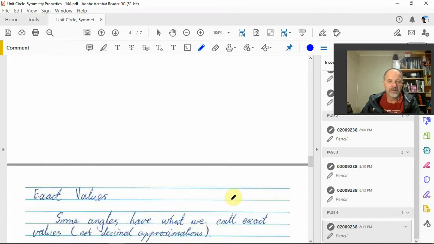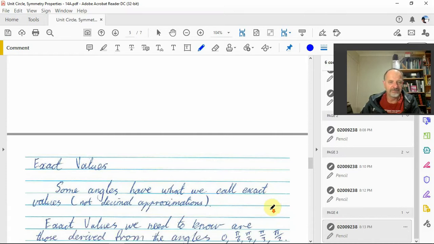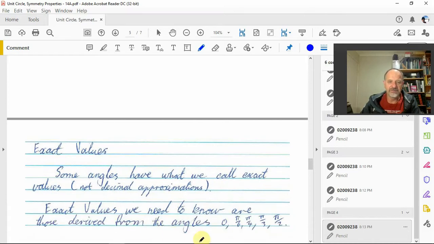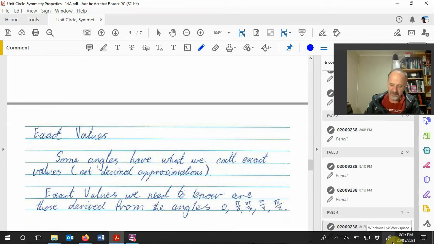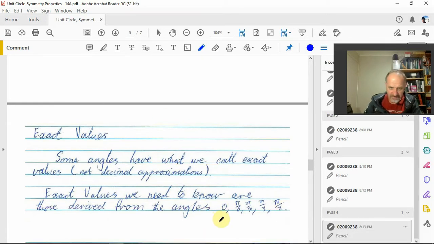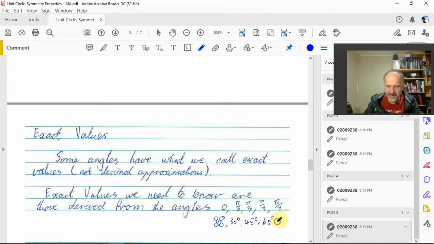And so there we go, I said that. So the exact values we need to know are derived from the angles 0, pi/6, pi/4, pi/3, and pi/2. And in degrees, of course, that's 0 degrees, 30 degrees, 45 degrees, 60 degrees, and 90 degrees.